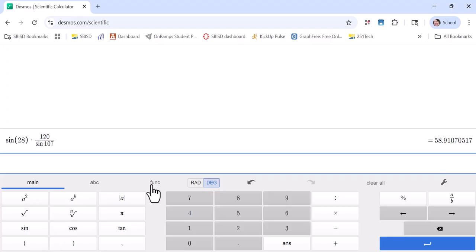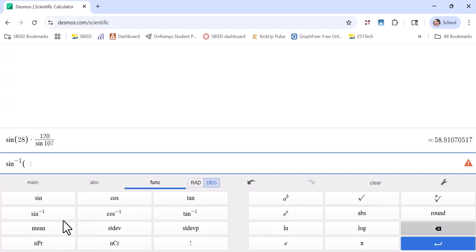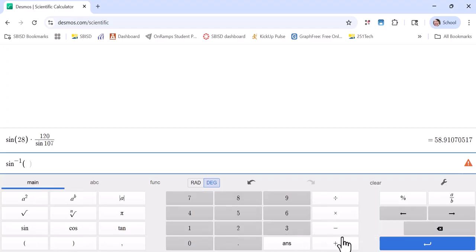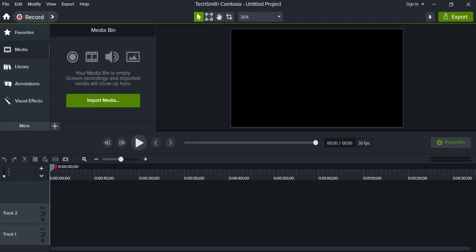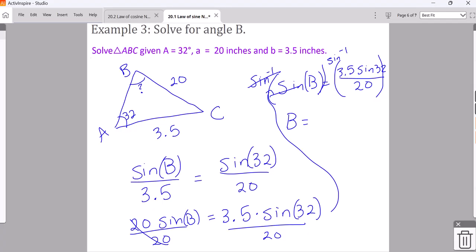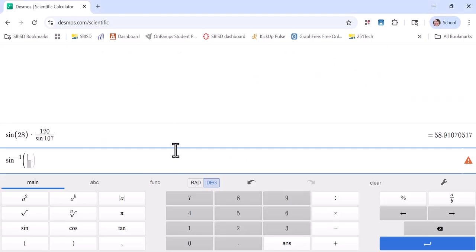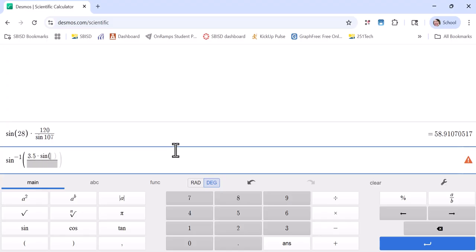In your functions list, you have inverse sine, and we want a fraction inside of that, and our fraction is 3.5 times sine of 32, all over 20.